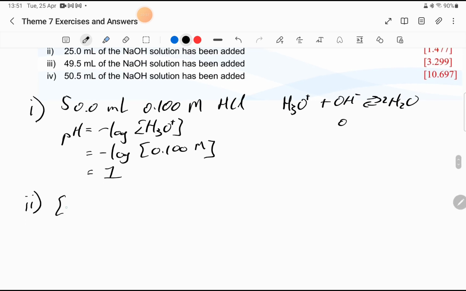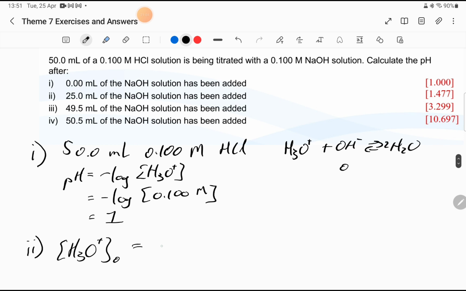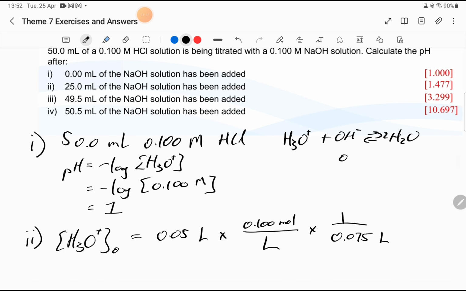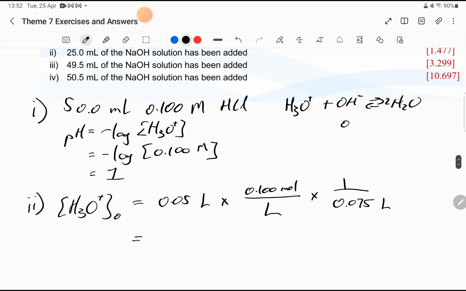So that means our initial hydronium concentration will be 0.05 liters times 0.100 mole per liter. That is our mole amount, and then we dilute that to 0.075 liters, which is our new concentration.